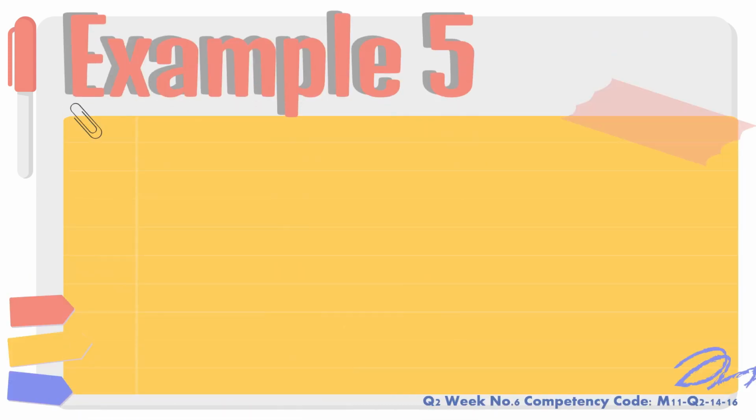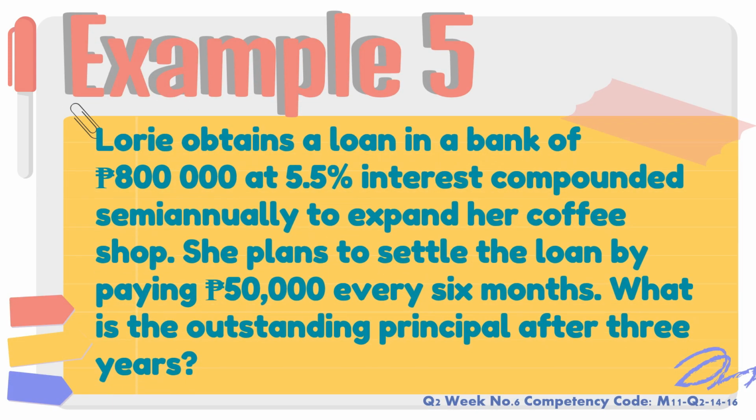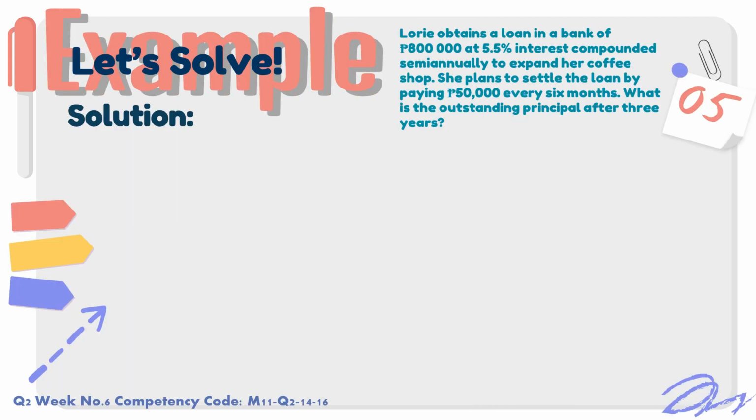For example number 5, Lori obtains a loan in a bank of 800,000 pesos at 5 5/10% interest compounded semi-annually to expand her coffee shop. She plans to settle the loan by paying 50,000 pesos every 6 months. What is the outstanding principal after 3 years?